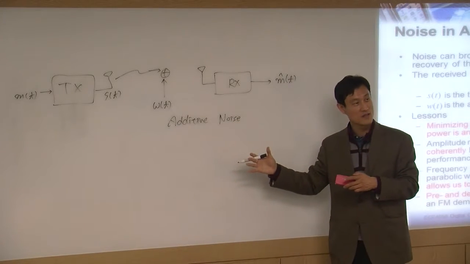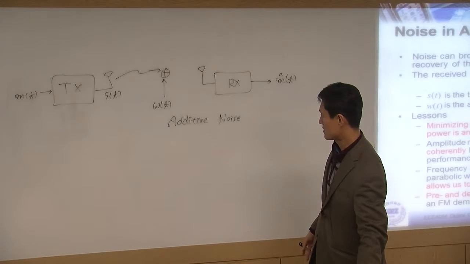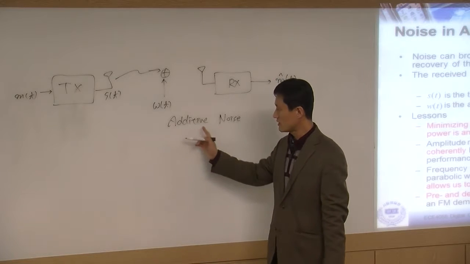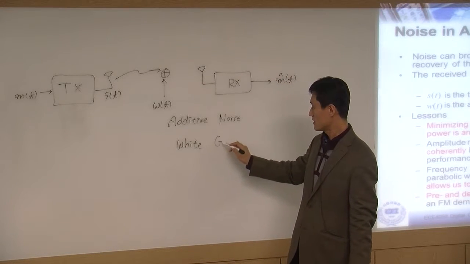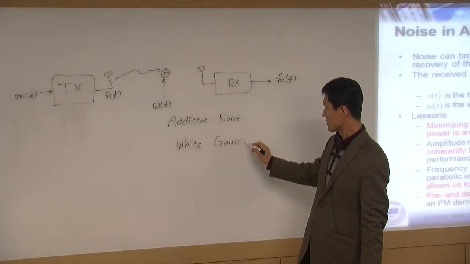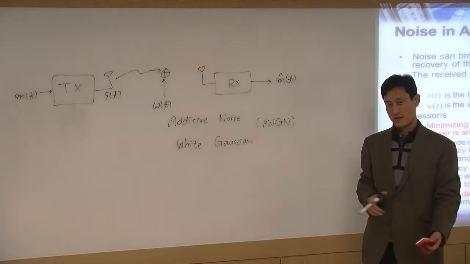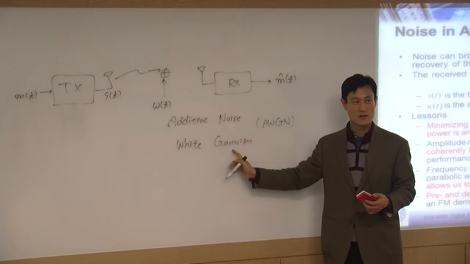We discussed this one, right? Some of you heard my lecture last semester. What we do is we are talking about additive white Gaussian noise, right? So we call it AWGN. Remember this word?